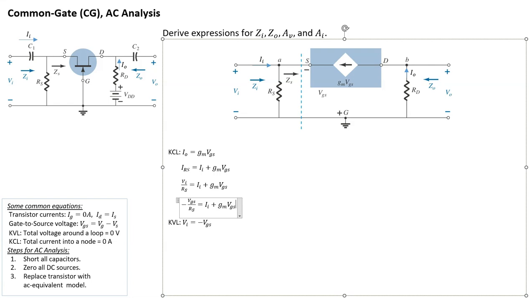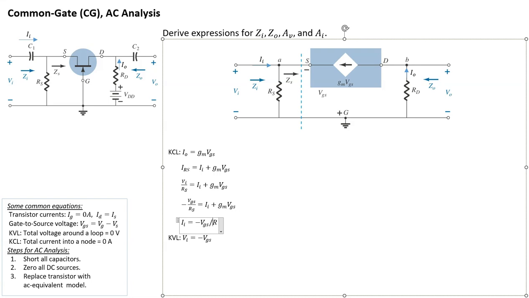Let's rewrite this in terms of II, because that's what we want, I in terms of everything else. So we can put GMVGS to the other side, leaving just II, and then flip the whole thing around, so II is going to be equal to negative VGS.